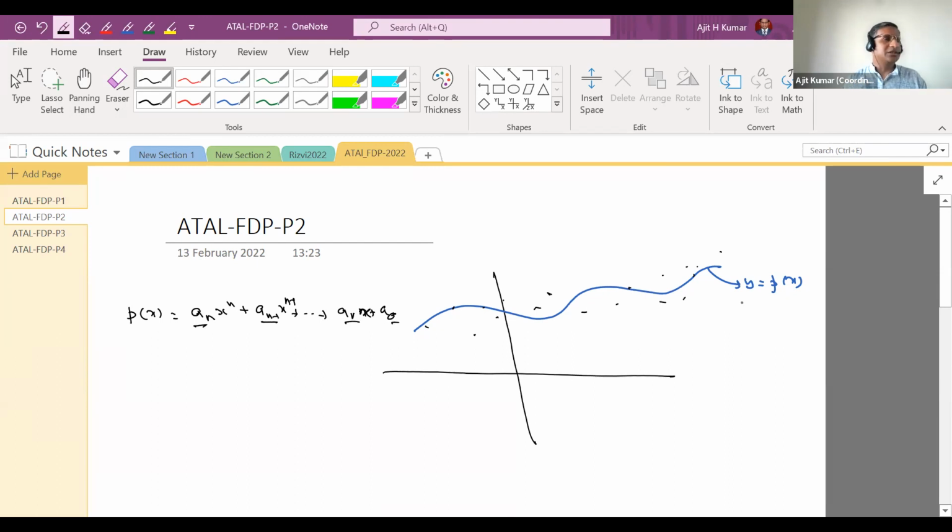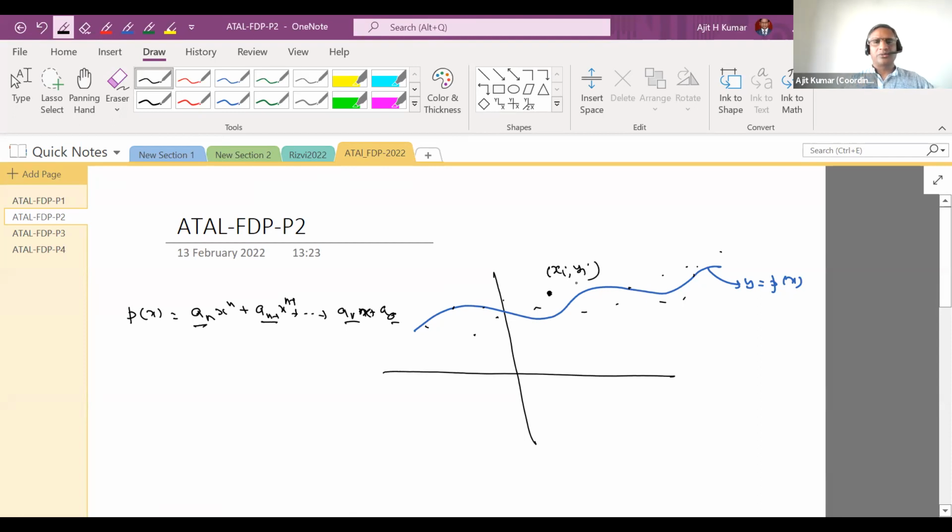Now one has to define what is the meaning of best fit. I'm sure many of you must have already seen this. Yesterday he also defined it, except that he defined it using perpendicular distance. If you are a physicist or engineer, you will think of this as fitting a model to the experiments that you have done. So these are your data coming from the experiment, xi, yi.